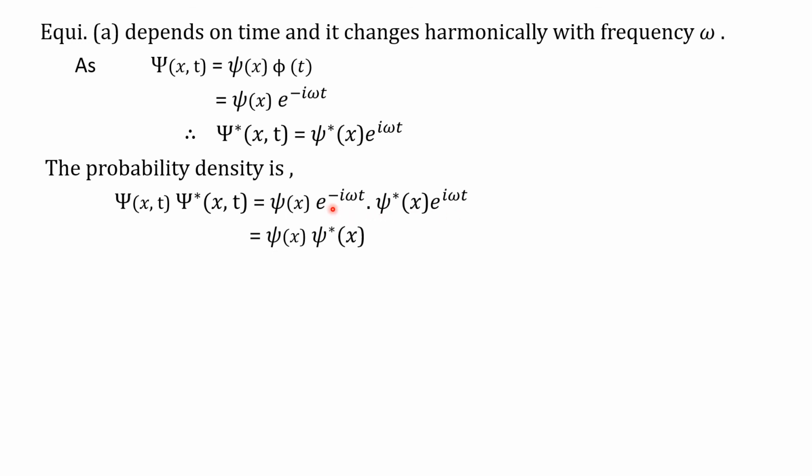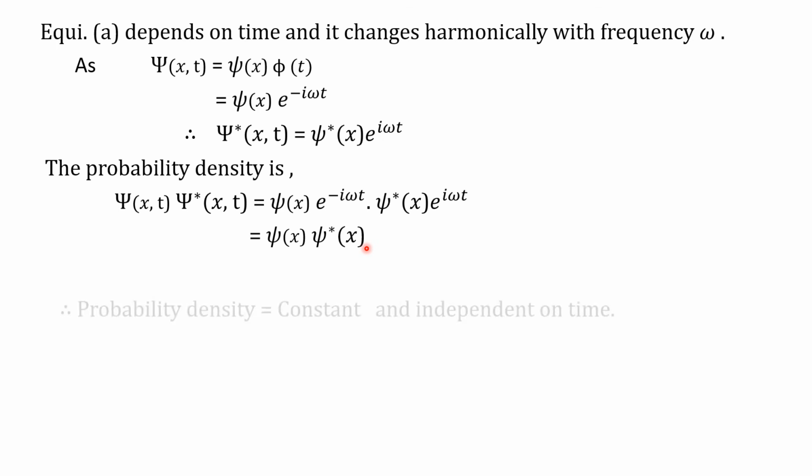Here exponential minus i omega t and exponential i omega t cancel, since on adding the powers in that exponential term they sum to zero, and simply one side becomes psi of x into psi star of x.